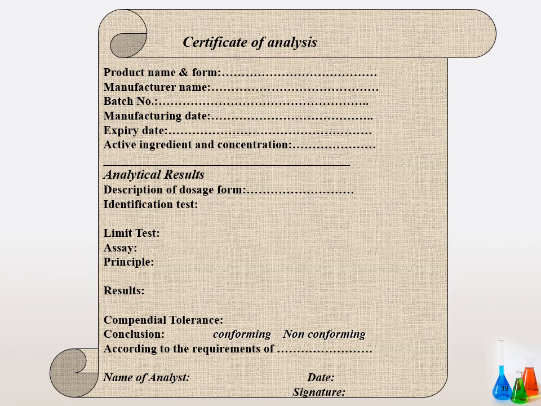The principle of the assay is complex formation titration, and we will put our results and the compendial tolerance, which is from 95% to 105%. If our result is inside the compendial tolerance limit, our conclusion is that the dosage form is conforming. If it is out of the range, the dosage form is non-conforming, and we will put our name and our signature.